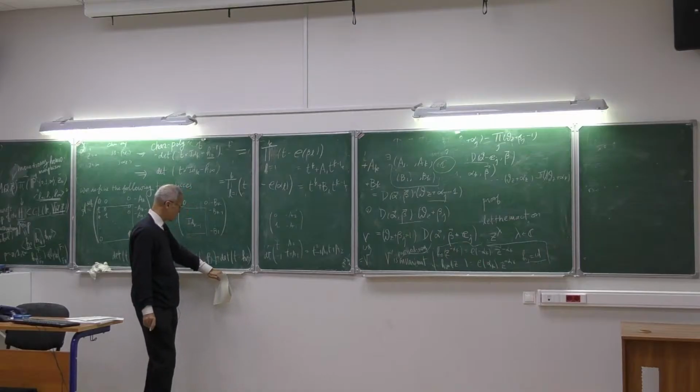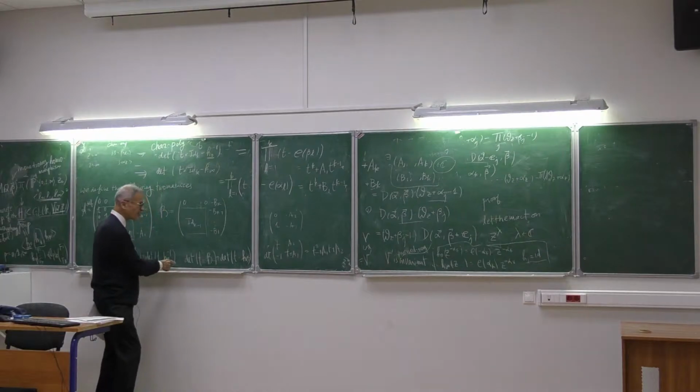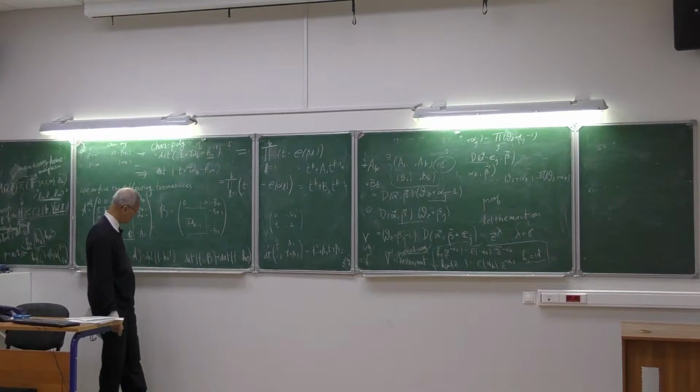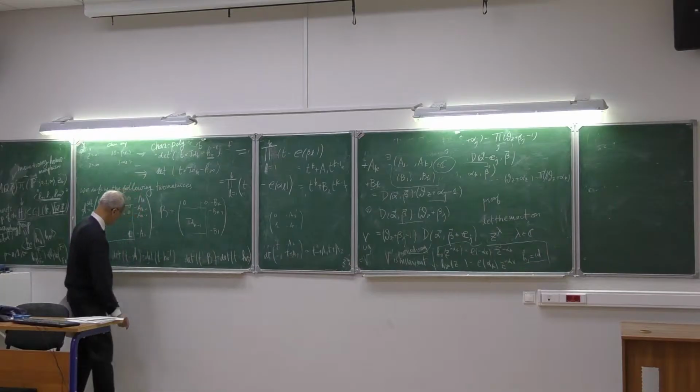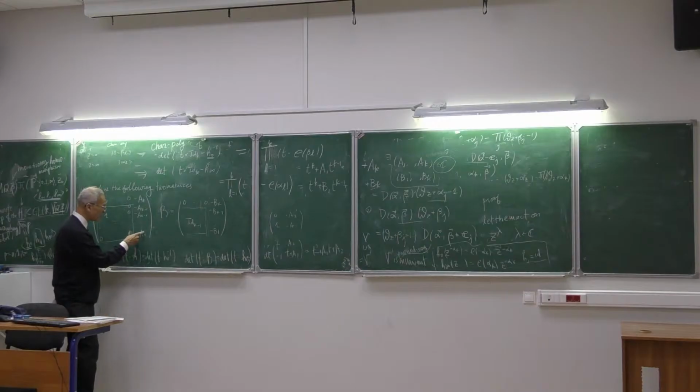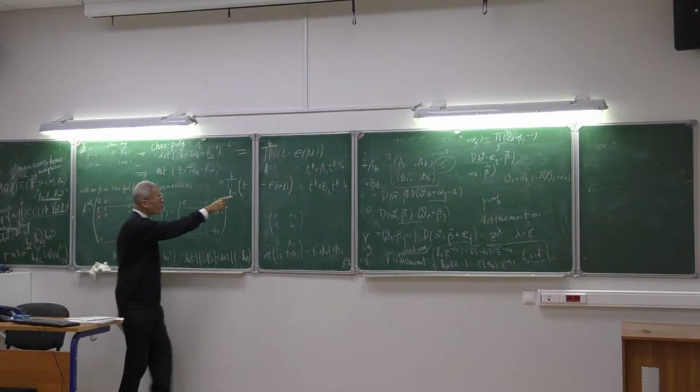So for the general case also, the proof is very easy, and you see that the characteristic polynomials of these two newly defined matrices give the same polynomials.